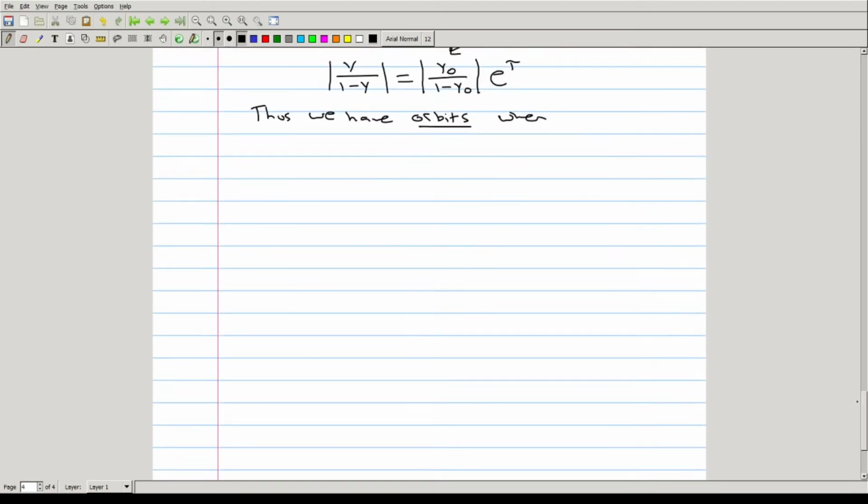We'll have orbits, or solutions to our differential equation, when y over 1 minus y is less than 0. We'll have orbits when y over 1 minus y is equal to 0. And we'll have orbits when y over 1 minus y is greater than 0.